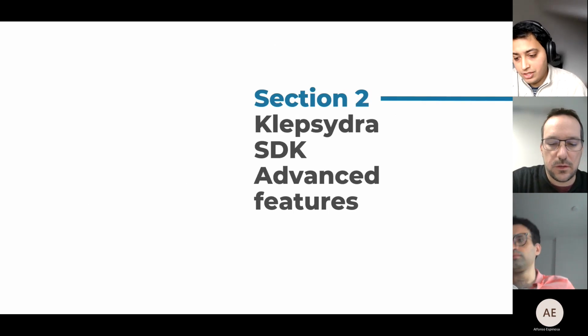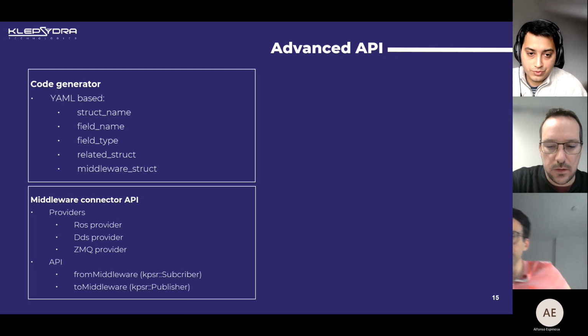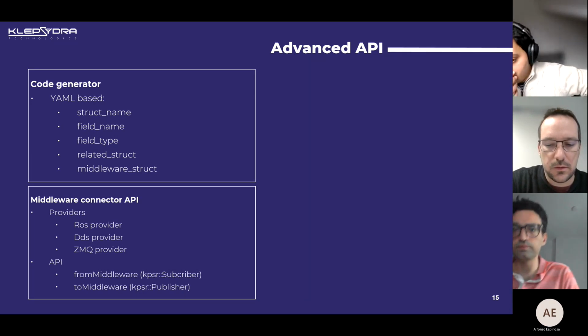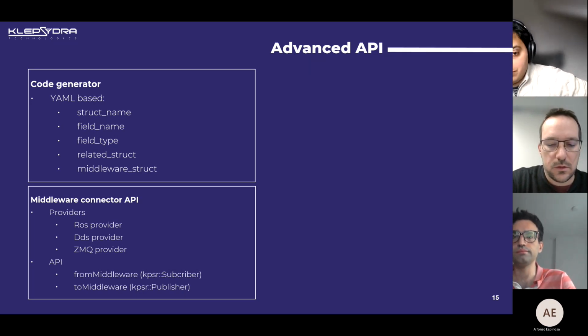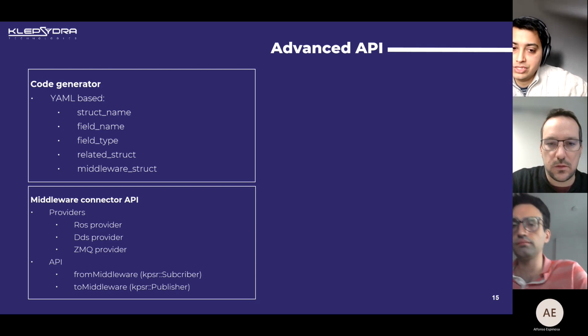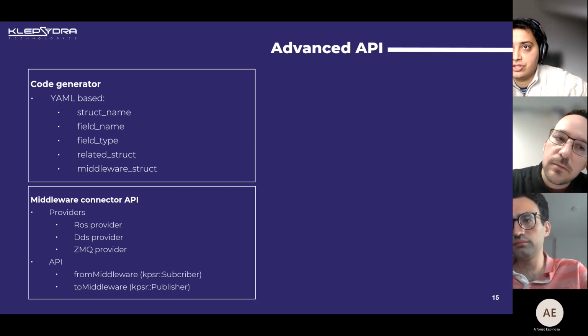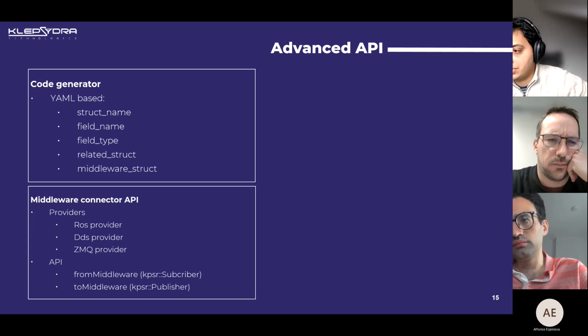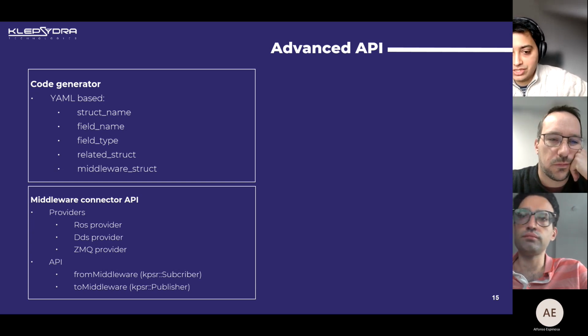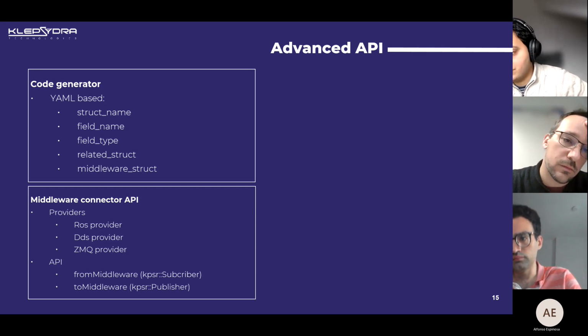So I'll talk quickly about the advanced features, which is that we have a code generator tool. It is YAML based. So essentially, you can define your data object which you want to publish as a YAML file, a YAML structure, and the code generator will develop C++ classes which can be used.